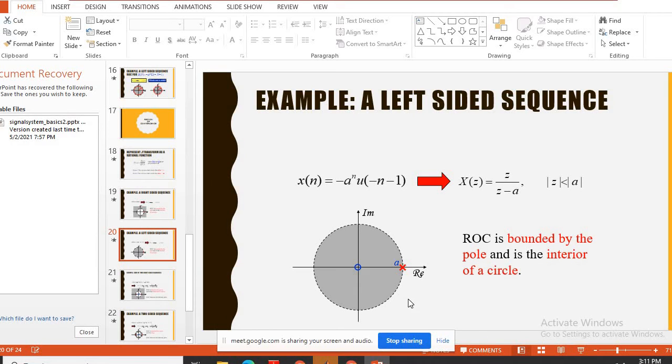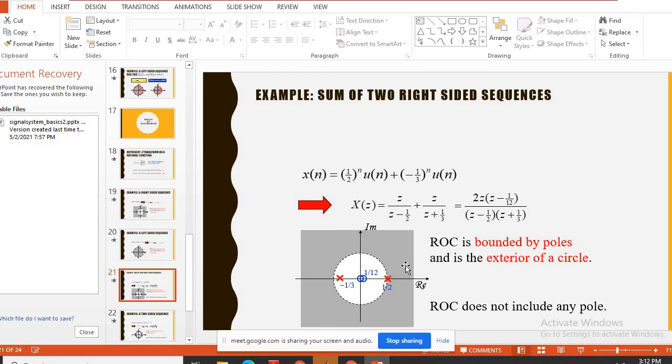So the boundary condition is the pole, which is a small value, z value is less than a, and therefore it is the interior of that circle whose radius is a. So that is its region of convergence.